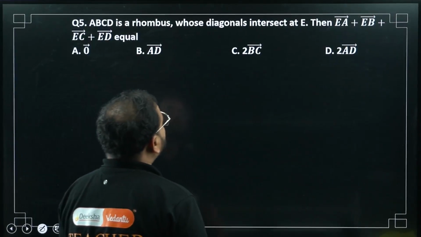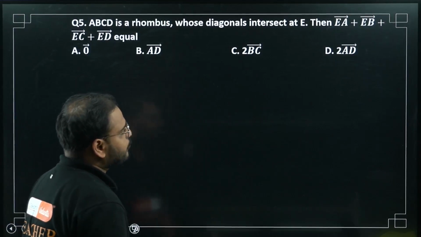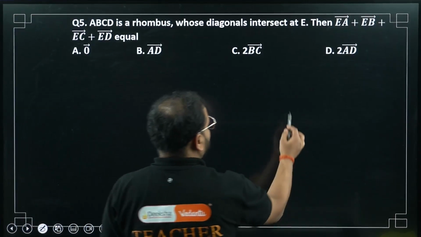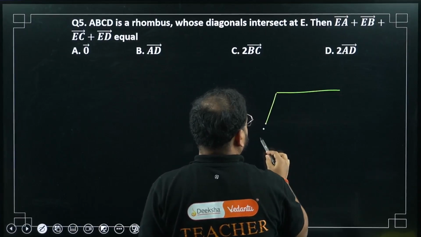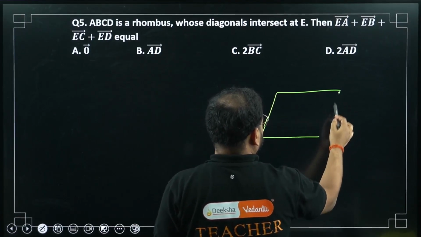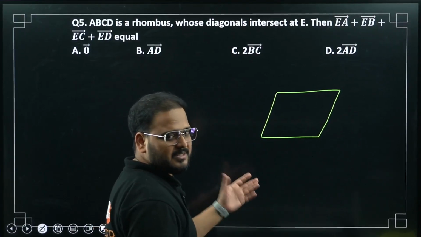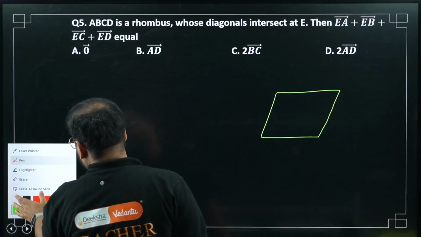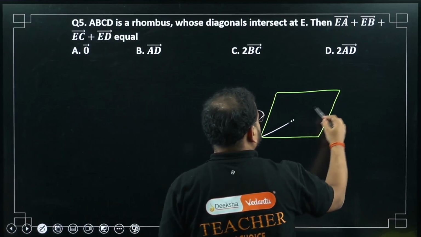ABCD is a rhombus whose diagonals intersect at point E. Rest we'll see later. First draw the rhombus. It looks like a parallelogram, but please accept it as a rhombus. Join the diagonals, because they're talking about diagonals.